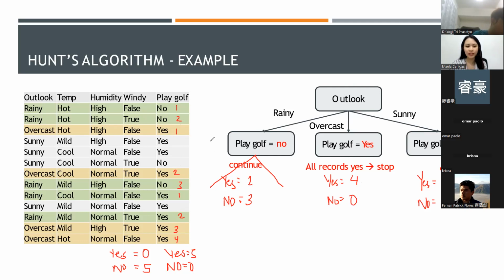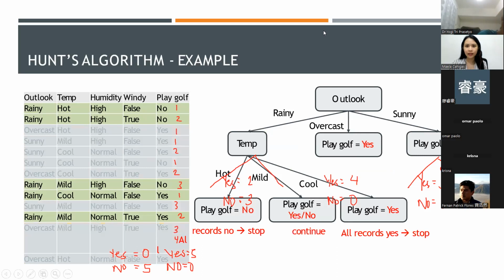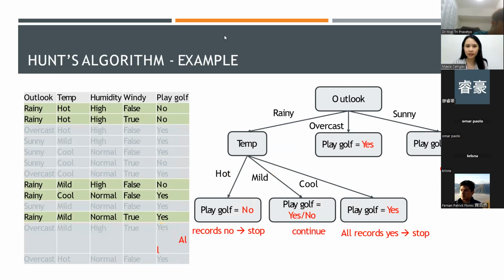And how about for sunny? For sunny, we have one, two, three yes, and we only have one no. So we also have to branch out this one. Okay, and then let's continue our decision tree. A while ago, we mentioned that we have to branch out rainy and sunny, but not overcast.